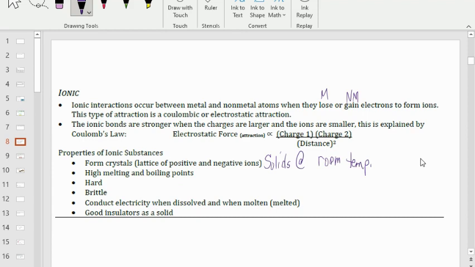All ionic solids are collectively known as salts in the chemistry world. So it's not just sodium chloride, it's anything that is formed from an ionic bond. They have high melting and boiling points. That's why when you took that barium chloride and you heated it, the water went away.